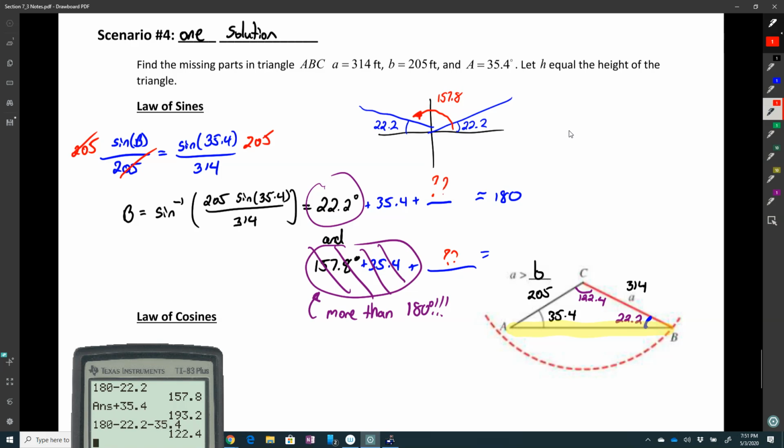Okay, so to find the missing side, it's going to be c over sine of 122.4 is equal to 314 over sine of 35.4.